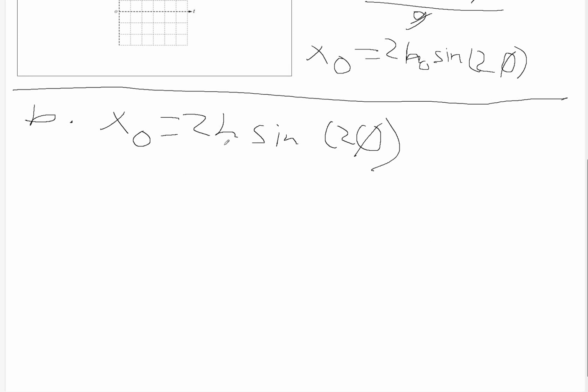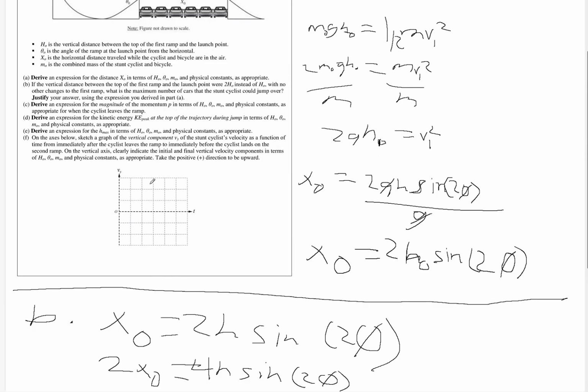So we keep everything the same, but we only double the h. So instead of 2h, it's 4h sine 2 theta now. And if we look at it, if we double the h, then the x would also double, so it would become 2x. Because on the right side, we just multiply by 2 to double the h, and so we have to multiply the x by 2.